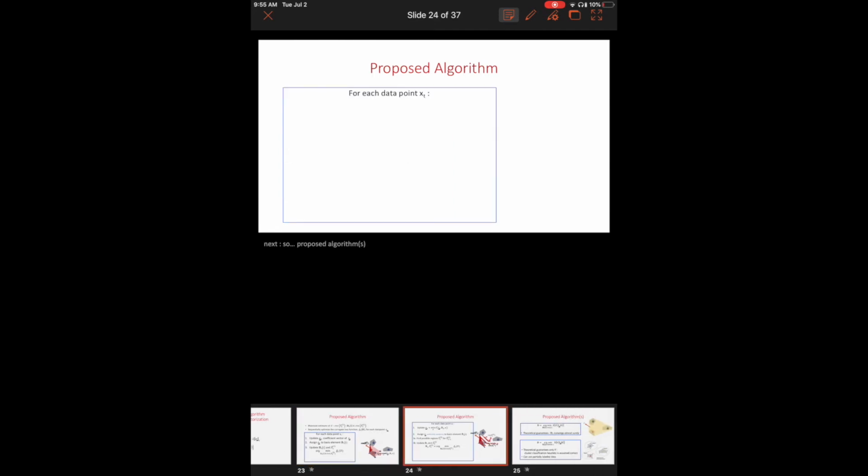In a bit more detail, for data point x, we compute its coefficient vector with respect to the previous basis vectors.